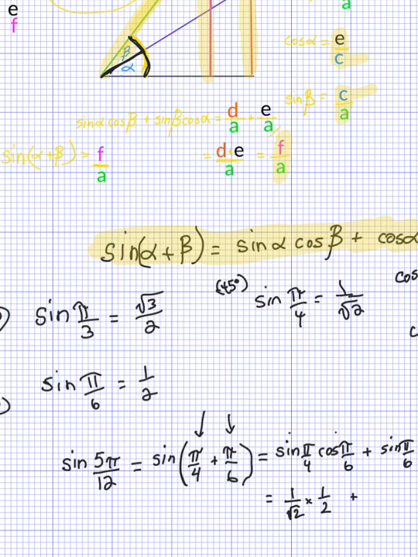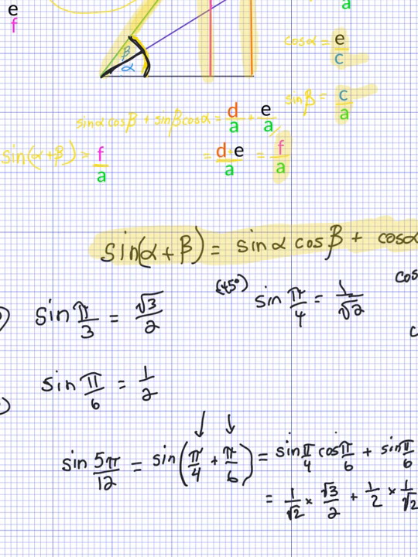Okay, so we got a little mistake here. Cos of pi by 6 is root 3 over 2. That feels better. Root 3 over 2, plus the sine of pi by 6, which is 1/2, times the cosine of pi by 4, which is 1 over root 2.